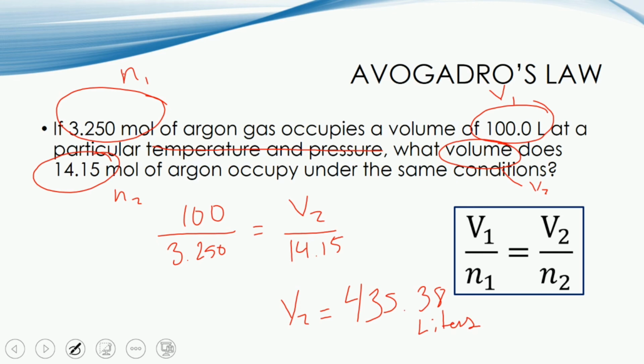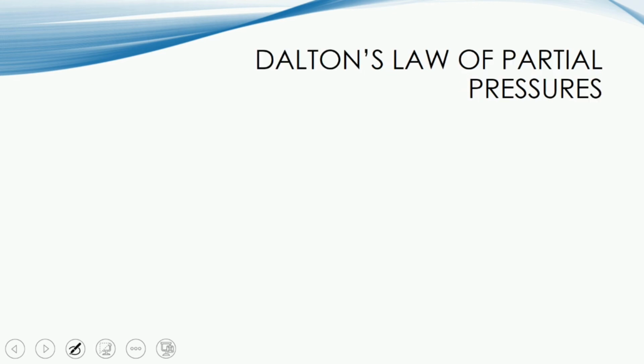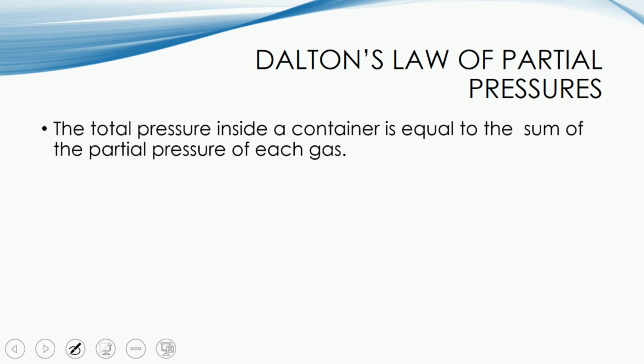Okay, so now let's look at Dalton's law of partial pressures. Now, the total pressure that is inside of a container is going to be equal to the sum of the partial pressures of each gas. So basically what we're saying is that any given amount of gas is going to have a pressure. Now, what if we were to mix different gases?